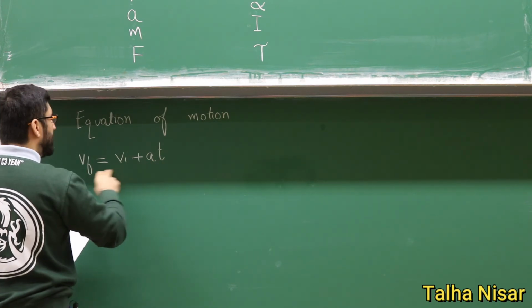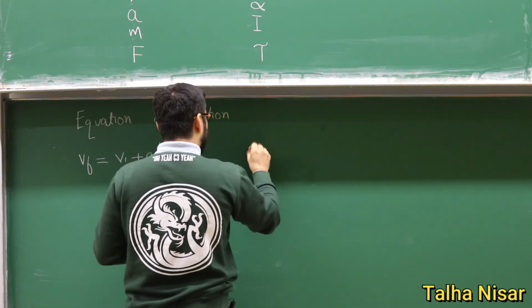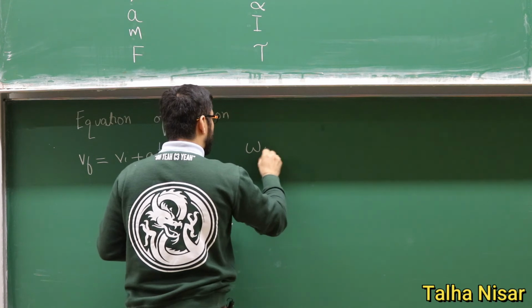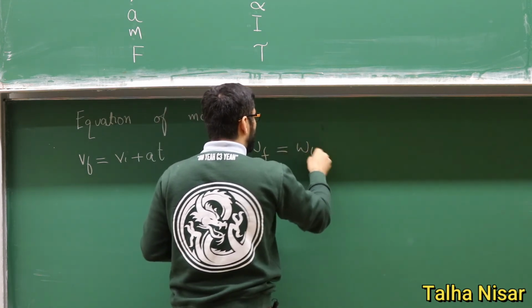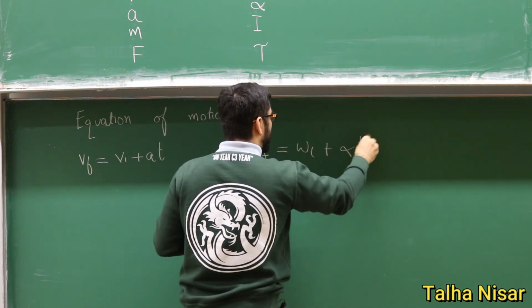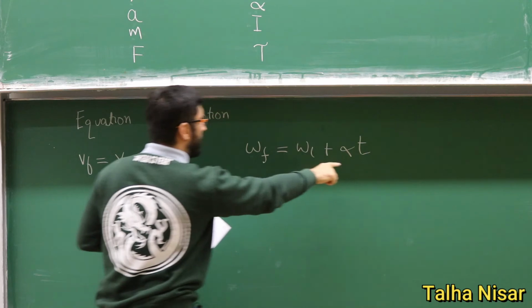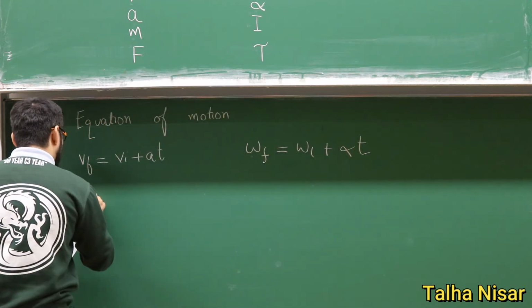This is for the linear, and for the angular it is omega f, the final angular speed, equal to omega i, the initial angular speed, plus alpha t. This is for the angular motion.